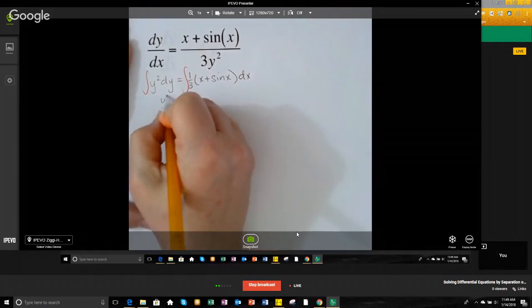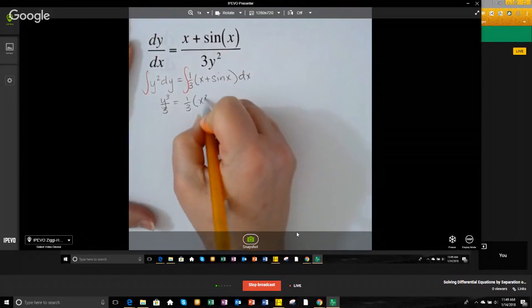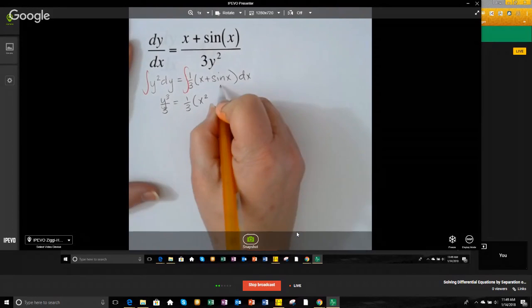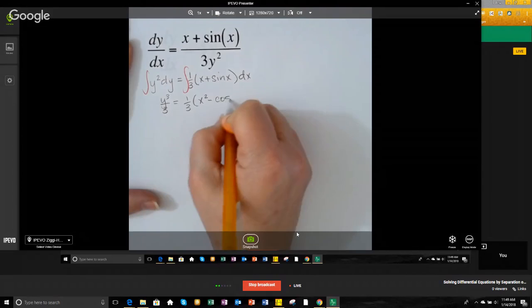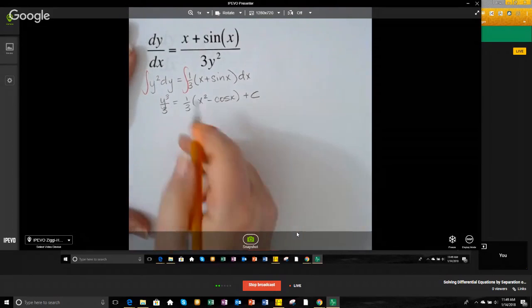This is going to be y cubed over 3 on the left equals 1/3 x squared over 2, and the antiderivative of sine is minus cosine x, plus c. And now I'm going to multiply everything by 3.